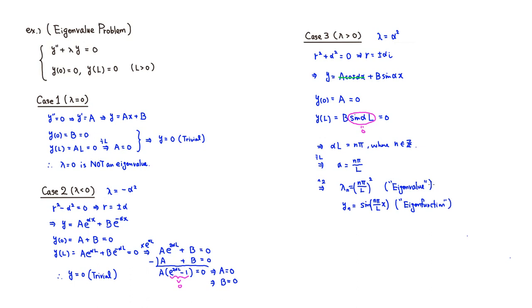Those are the eigenvalues and the eigenfunctions. Maybe I'll just box it in. So those are all the possible eigenvalues and eigenfunctions of the given eigenvalue problem. All right, that's it. I hope that this was clear.